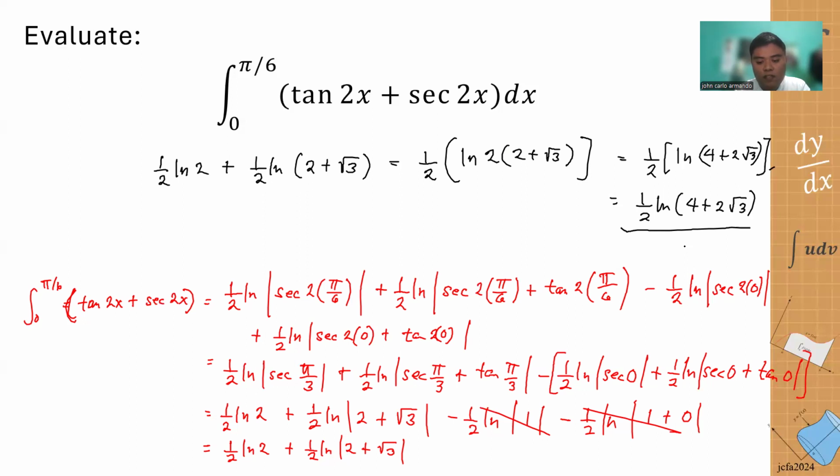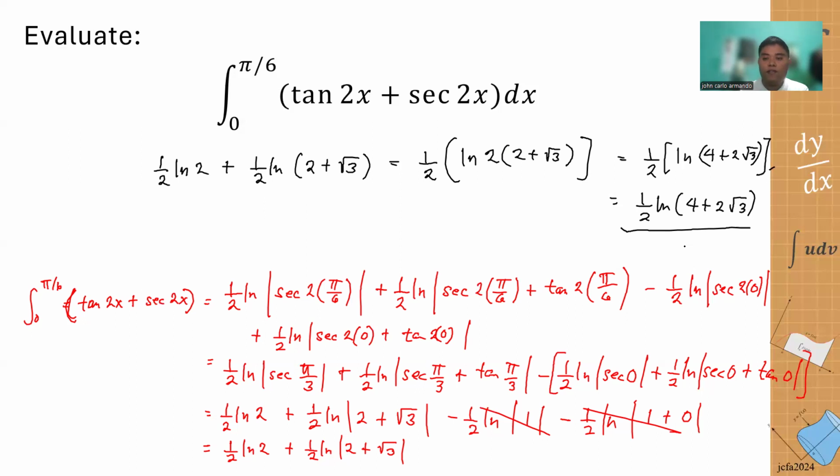The result is 1.005. If we check the value of 1 half ln of 4 plus 2 square root of 3, we arrive at the same result, that is 1.005.